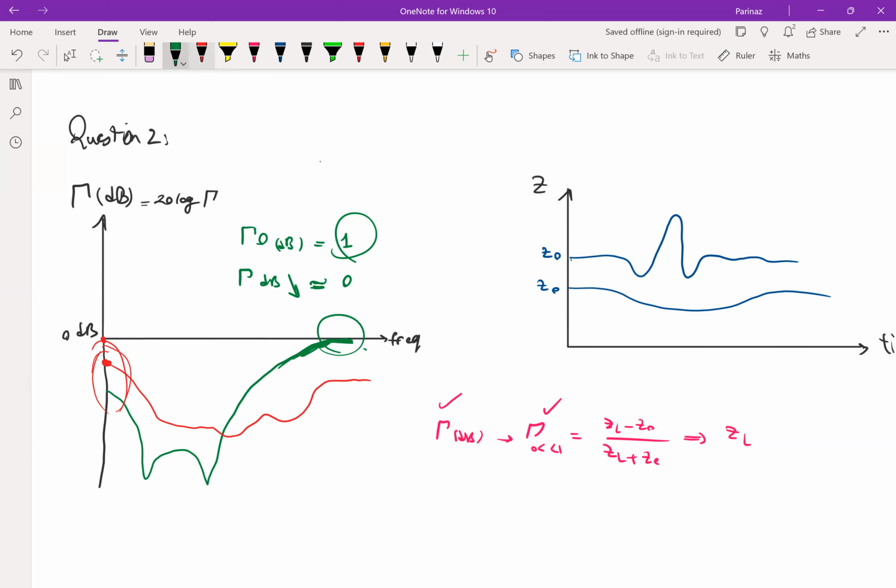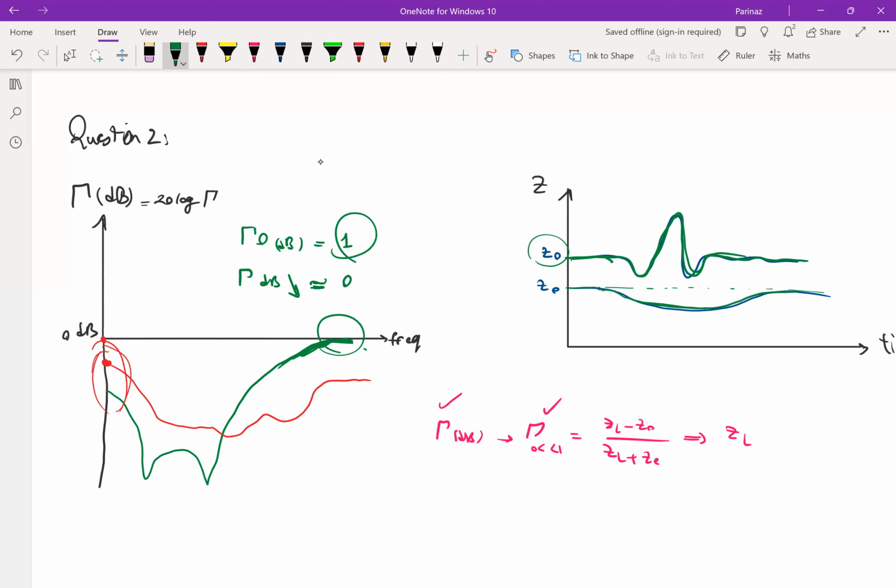Now, if you look at these two lines here, which one would show you a high frequency disturbance to the line? This looks like the green one, because the disturbance around the impedance has a very high frequency. Whereas in this one, yes, we got away from 0 dB, but it's happening very slowly.